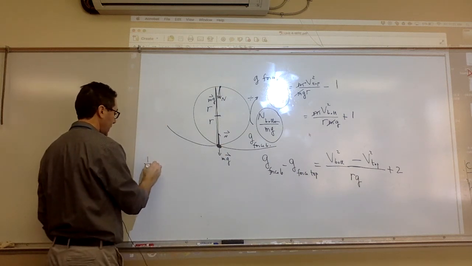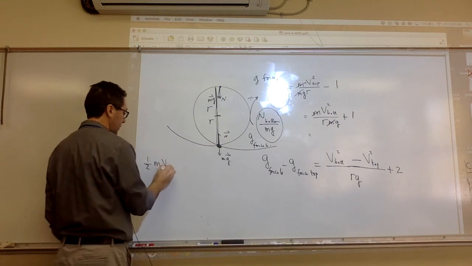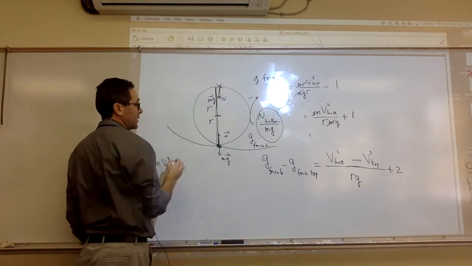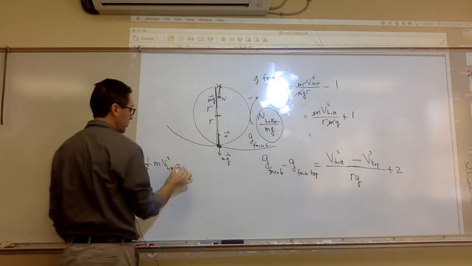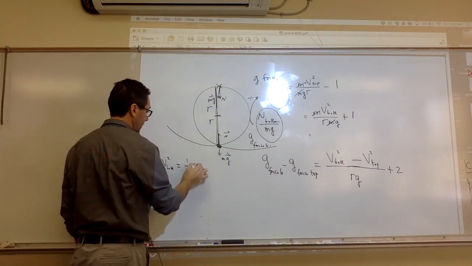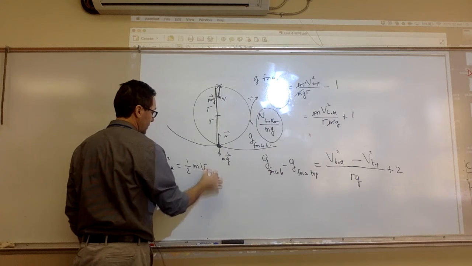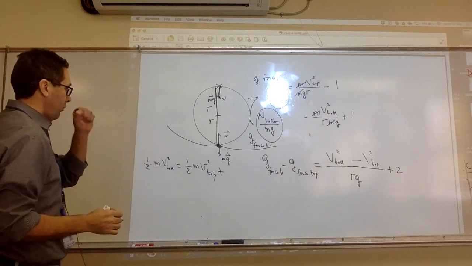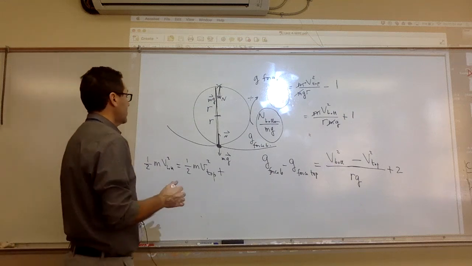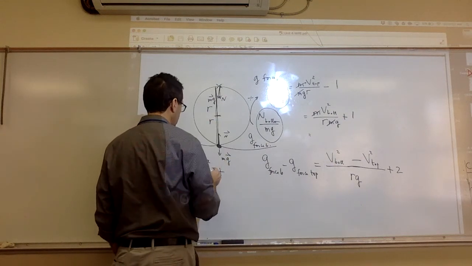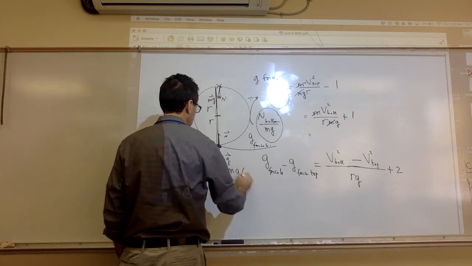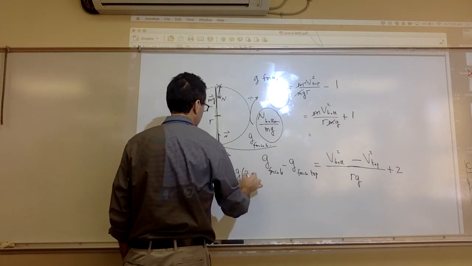It's 1/2 m v bottom squared, which should equal the total energy at the top, 1/2 m v top squared plus the gravitational potential energy, which is mg times 2r.